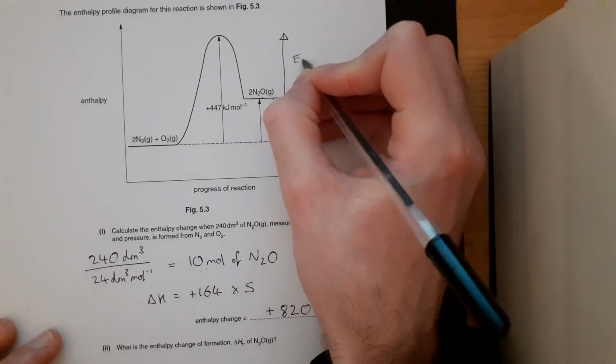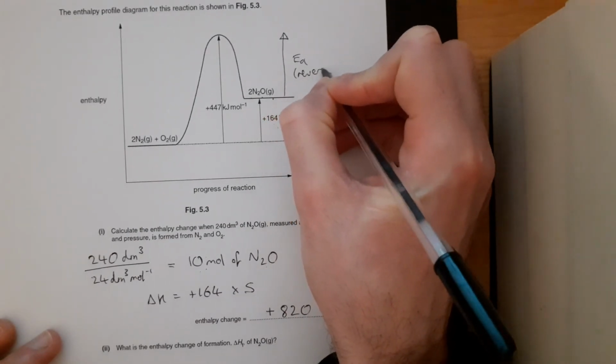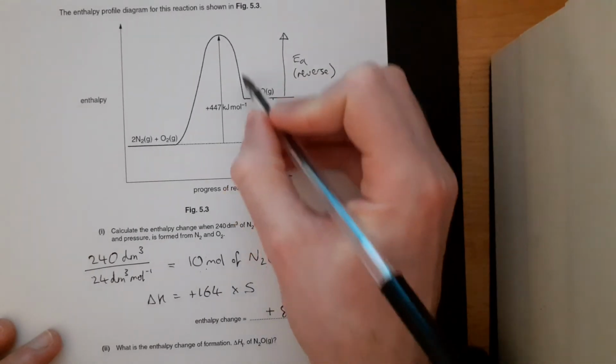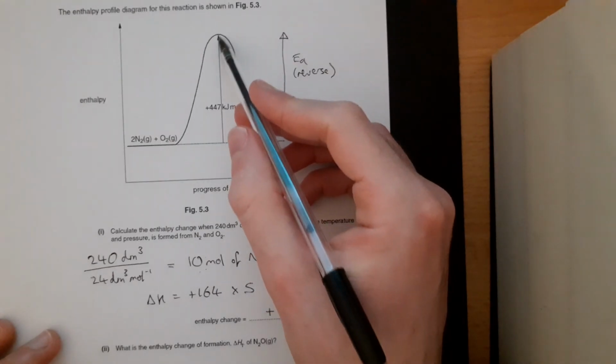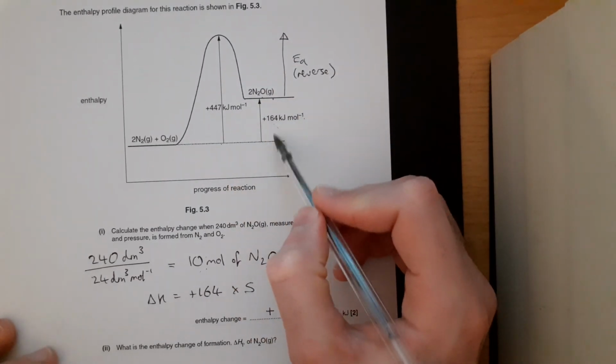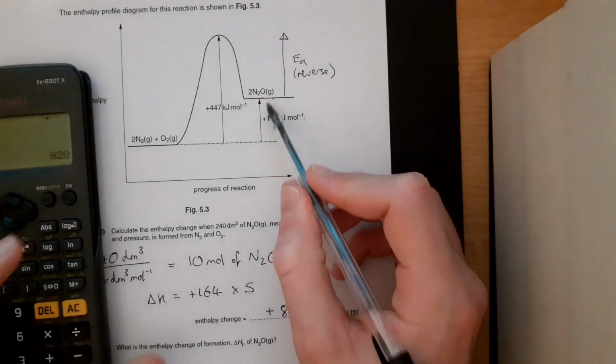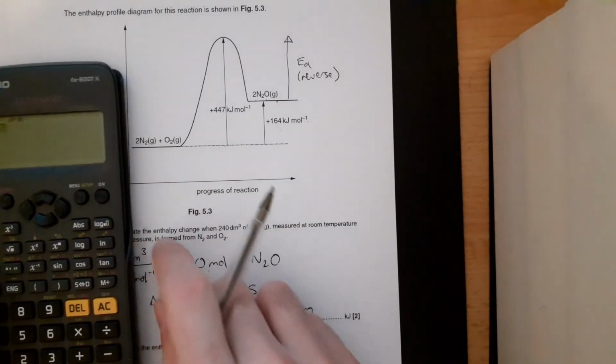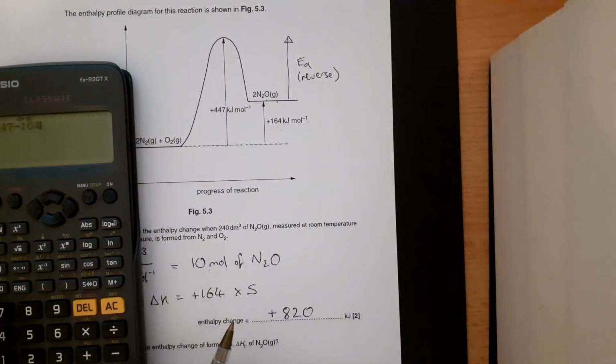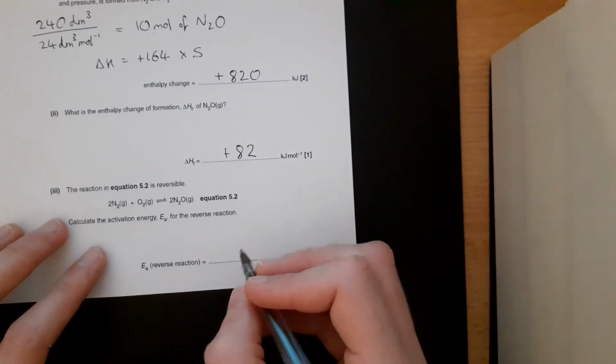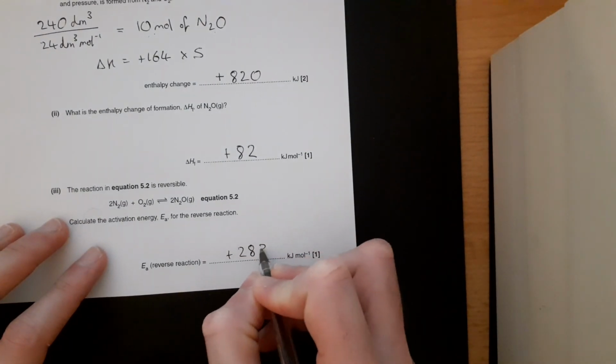So this is going to be the activation energy for the reverse reaction. It's going to be from here up to there. So it's all of this minus this part. We're not counting that, so it's going to be 447 minus 164, which is 283. So that's going to be our activation energy for our reverse reaction.